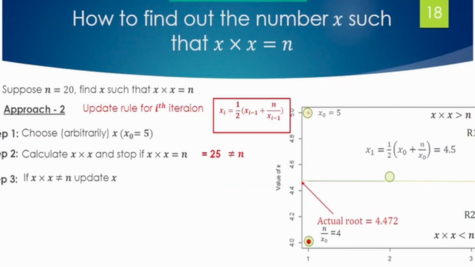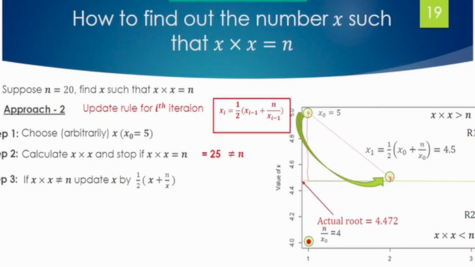So now in iteration 2, that is x1, I have calculated 4.5. So I mark this point, and what this process is doing is it sends the value of x from 5 to 4.5. And if you calculate the error, the amount of error here is this much and the amount of error here is very small.